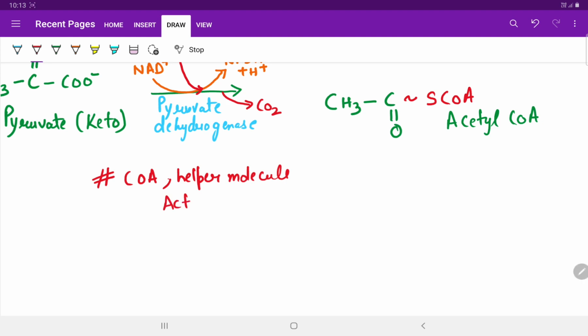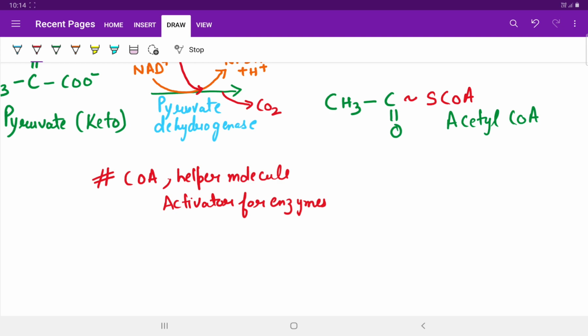It also acts as an activator for enzymes. It's basically synthesized from succinyl coenzyme A synthetase enzyme or succinate thiokinase.